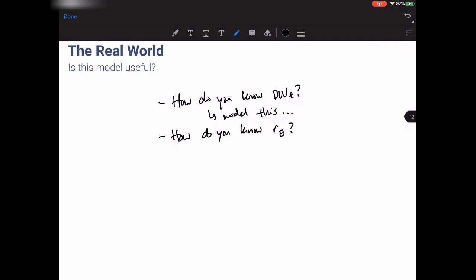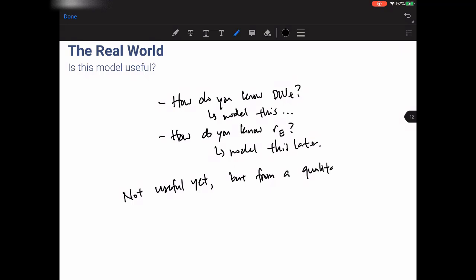And we will eventually model this as well much later in this course. So as of now, it's not useful yet, but from a qualitative perspective, I believe, is still useful, and we will see.